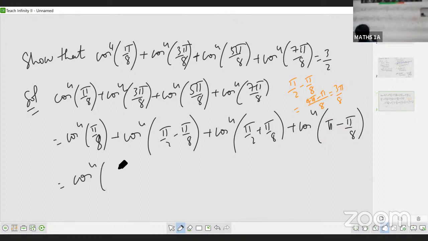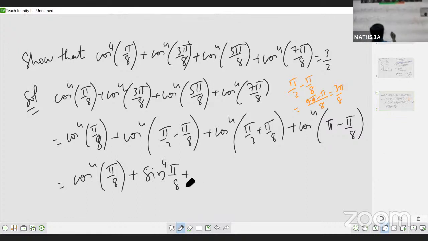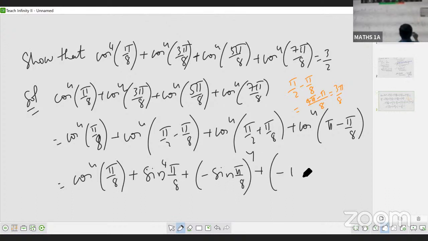Now, cos to the power 4 pi by 8 plus cos of 90 minus theta, that is sine to the power 4 pi by 8, plus cos of 90 plus theta, that is minus sine theta, minus sine pi by 8 whole power 4, plus cos of 180 minus theta, that is minus cos theta, whole power 4. Is it clear?